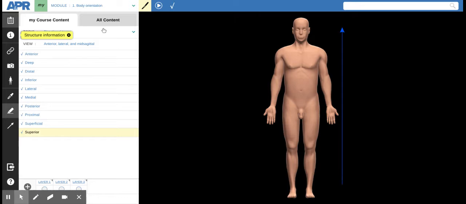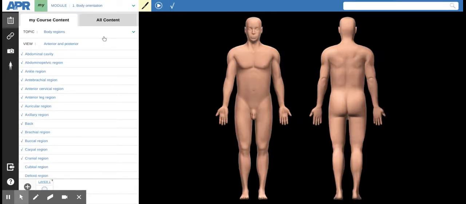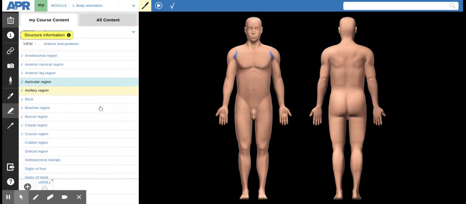We can also look at some of the different body regions, like our abdominal cavity being in the middle of the body. The antebrachial being like your forearm. The axillary region being the armpits.